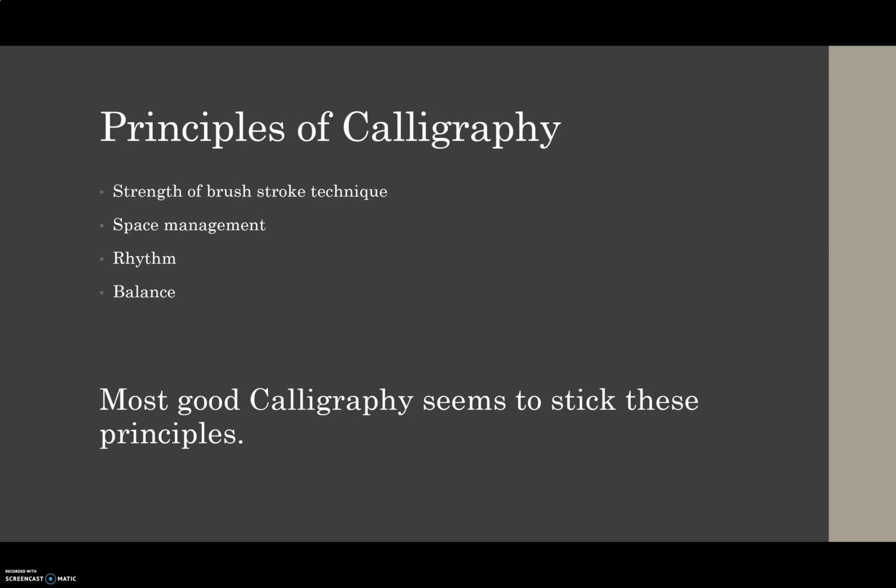lines. The element of space management is key to composition. It's also an element found in Chinese painting. The calligrapher must make use of the filled space, which you will refer to as figures in Chinese calligraphy, and then the empty space, which is referred to as ground.